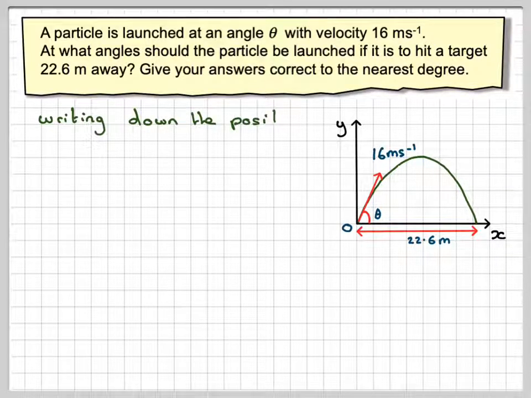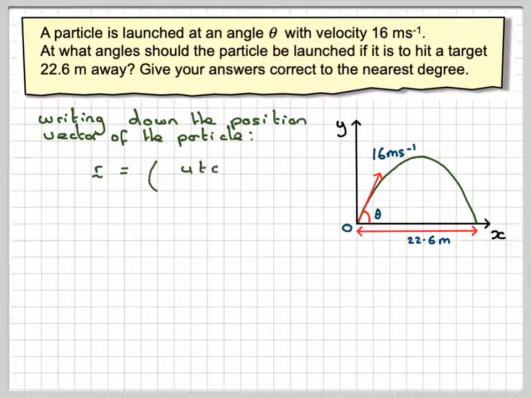Writing down the position vector, for the horizontal component, that's just going to be the initial velocity, u cos theta, times time, as there's no acceleration in the horizontal component.